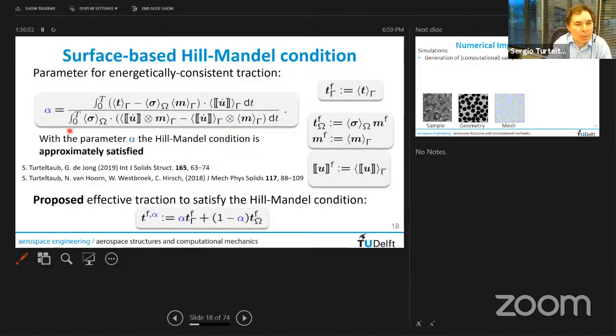Luckily, one of my students, Ruben Suarez Millan, wrote a very nice script where we automated all the simulations. So he would automatically create the samples, run the simulations, do the post-processing, and create a database.